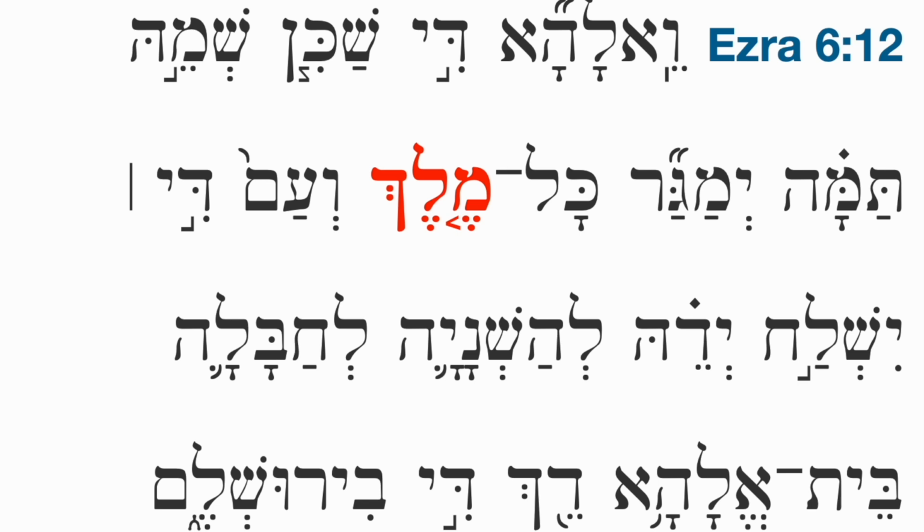Remember that the he functions as a third masculine singular pronominal suffix. So we have, may the God who caused his name to dwell, tamah, there. Yegammar, may he overthrow, this is functioning as a subjunctive, and it's third masculine singular, pa'el, may he overthrow kol melech, every king or any king, kol melech.